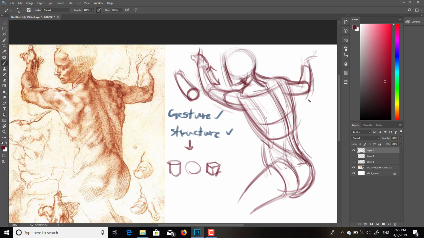For example, one sphere here is not adequate for us. But if we add another one to this one correctly, then we would have the shape of the arm. So that's it.